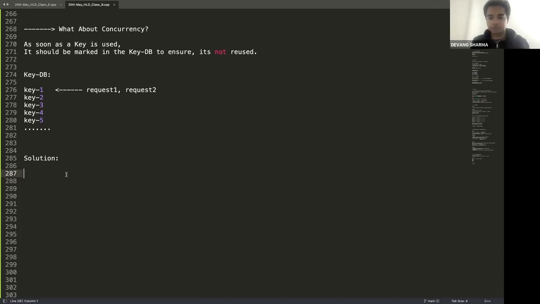Cool, let's discuss the answer. There are multiple ways to solve this question, and there are two things I would like to talk about. This is pretty much the situation which will happen in the case of MakeMyTrip, Booking.com, or any kind of booking service, or even Ticketmaster.